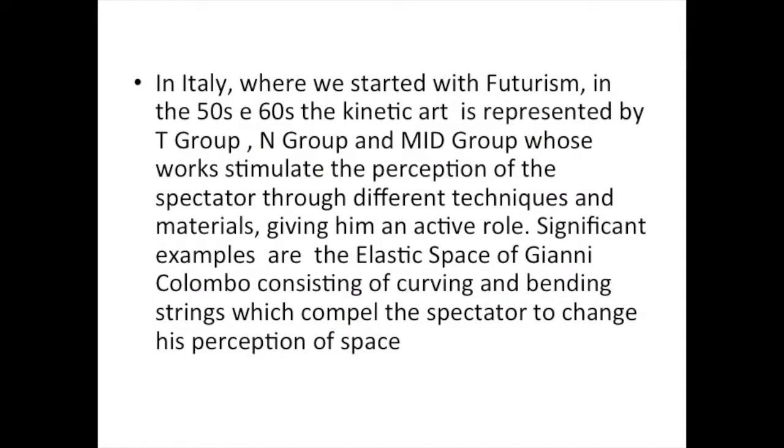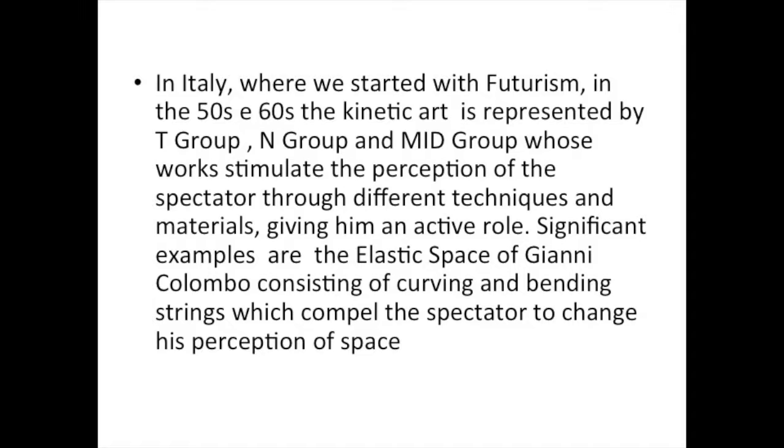In Italy, where we started with Futurism, in the 50s and 60s kinetic art is represented by T group, N group, and MID group, whose works stimulate the perception of the spectator through different techniques and materials, giving him an active role.